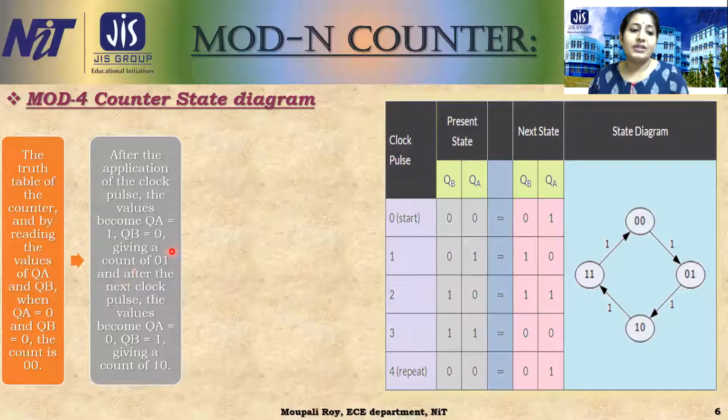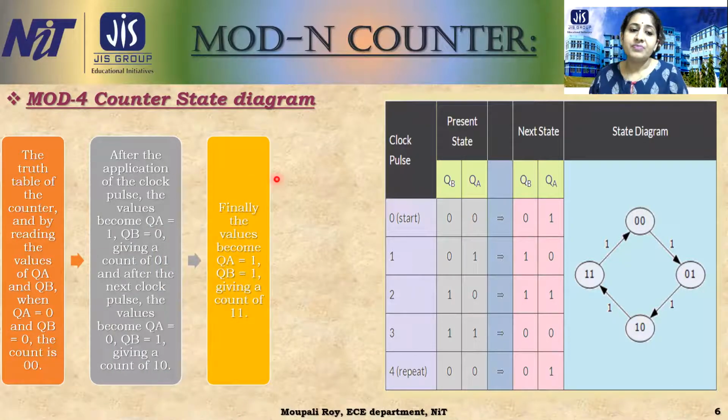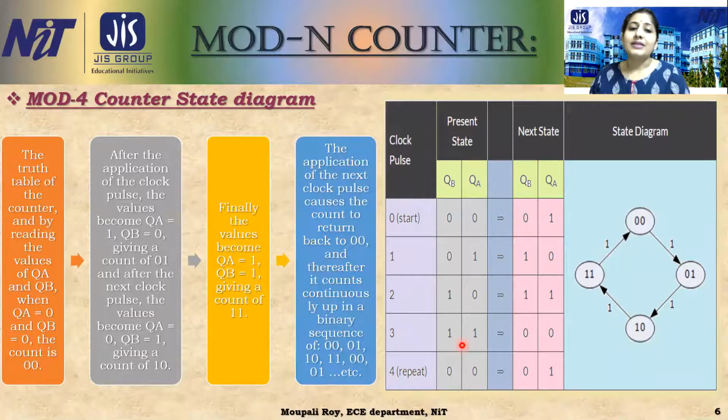For the next count, the counter gives 0 1, and after the next clock pulse QA becomes 0 and QB becomes 1. Finally the counter gives 1 1, which is 3. The application of the next clock pulse causes it to repeat, that is 0 0.